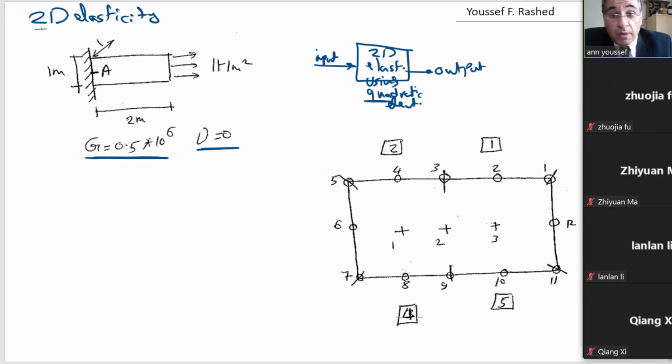As far as we talk about 2D elasticity, we consider a plane strain or plane stress problem. The out-of-plane depth is 1 meter. This is from the theory of elasticity. We are going to discretize it like this: the first element, second element, third, fourth, fifth, and the sixth element.